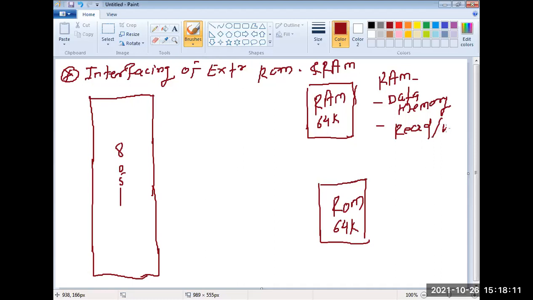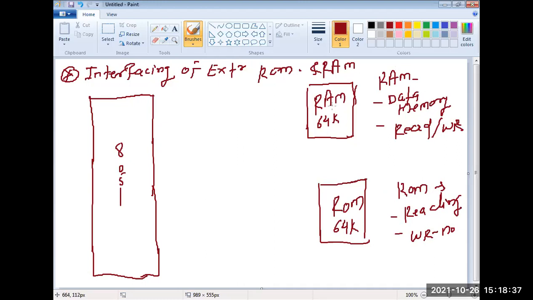Read and write is possible in the RAM. But the ROM is read-only memory, so I am only reading. Reading is possible, writing is not possible in the ROM. Is it clear?